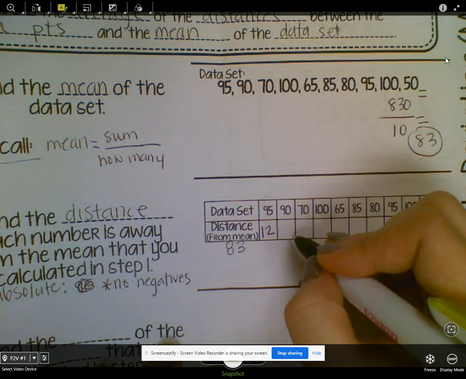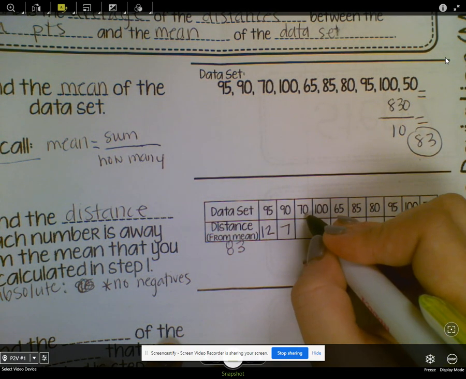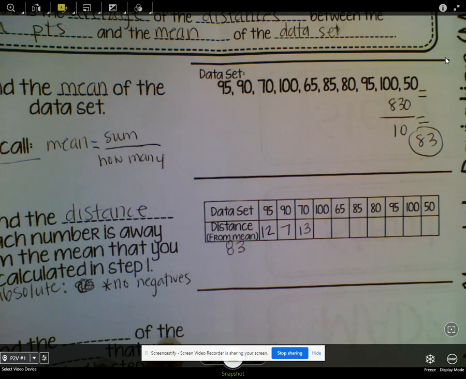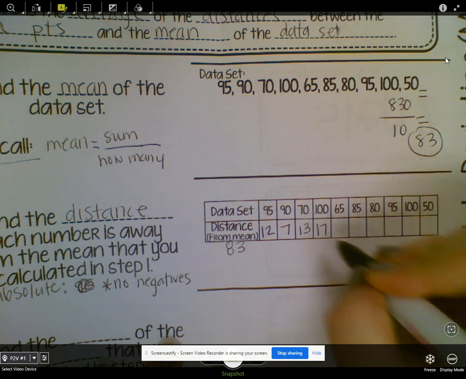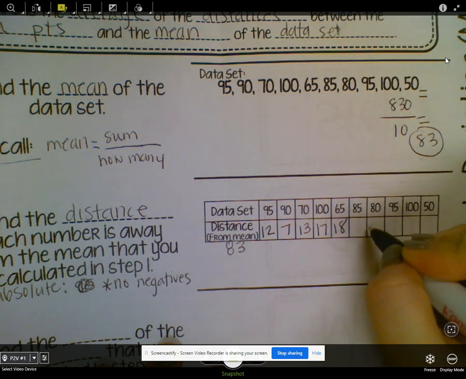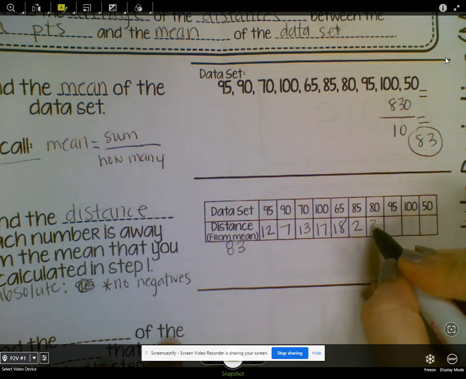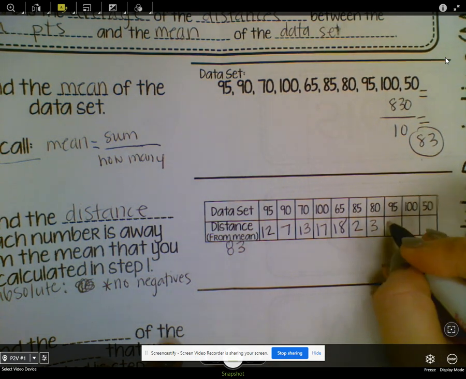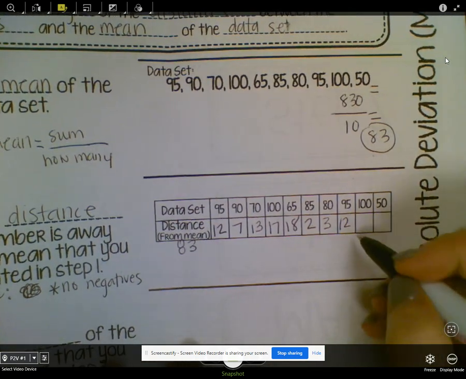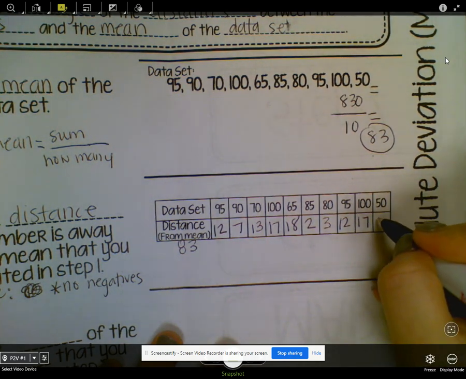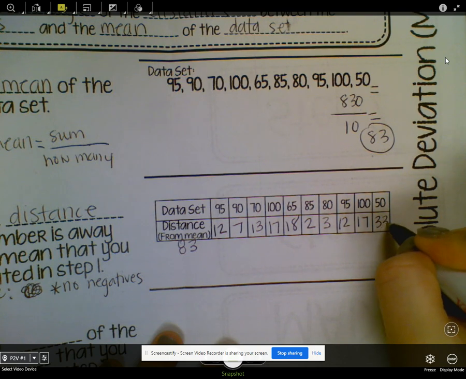Then 90 and 83, 7. 70 and 83 is 13. 100 with 83, 17. 65 and 83, 18. 85 and 83, 2. That's 3 away. 95, I already did that one. Don't have to do any more math. It's already there. 12 away. 100 is 17 away. And then 50 is 33 away.